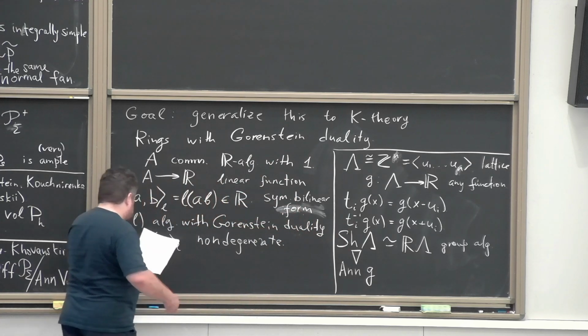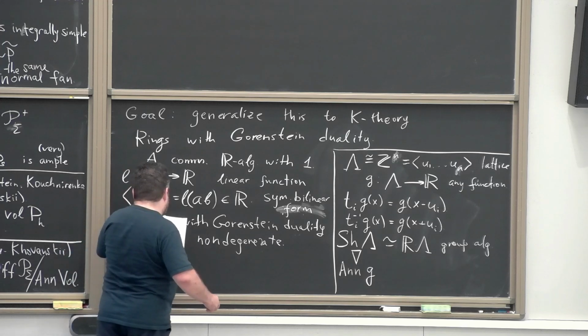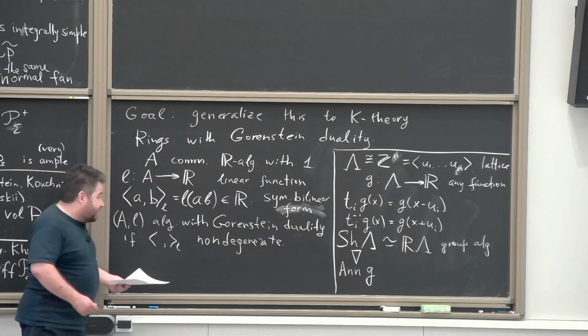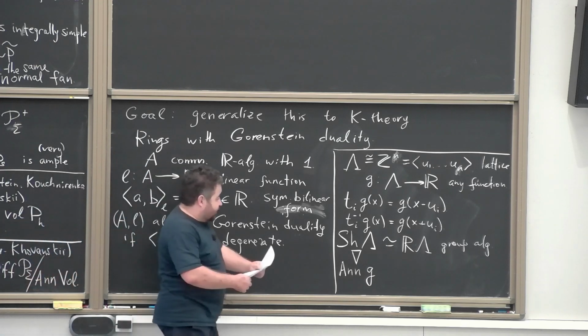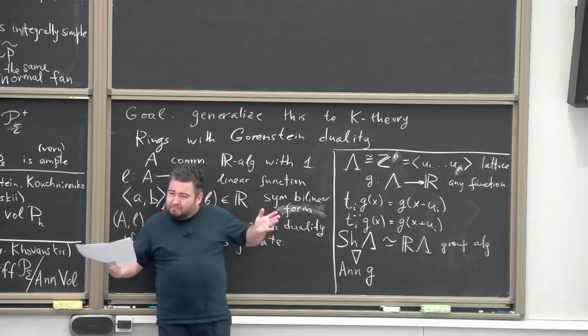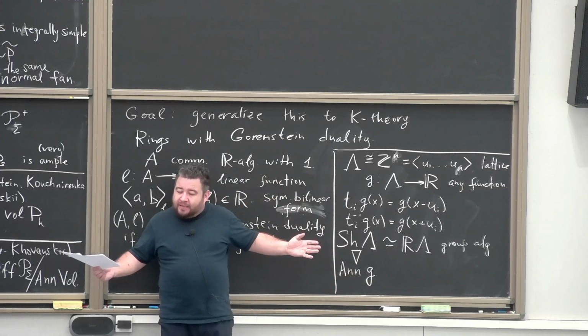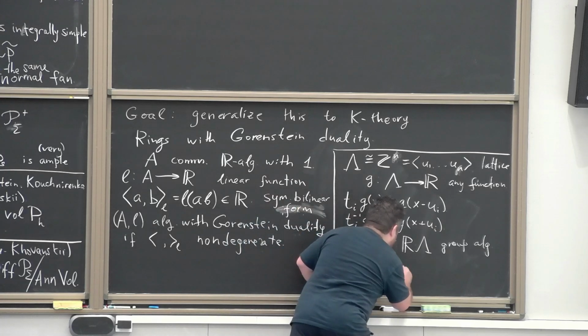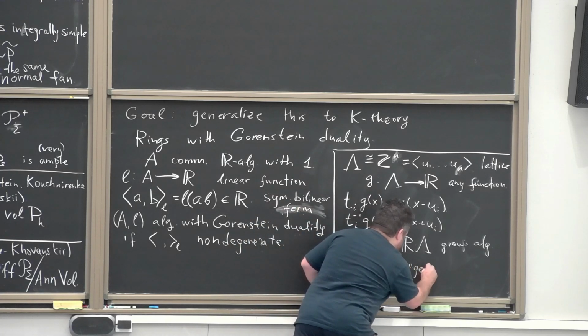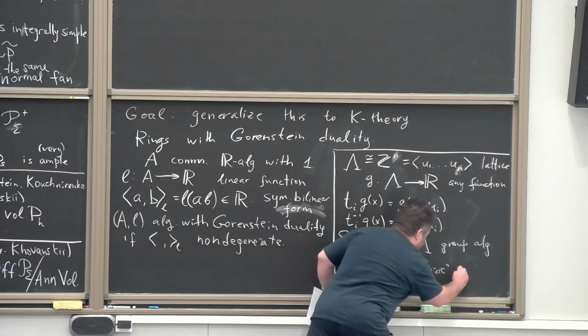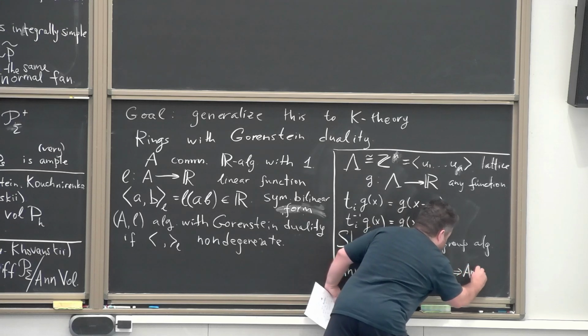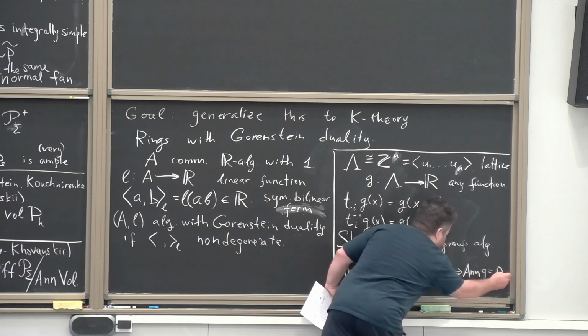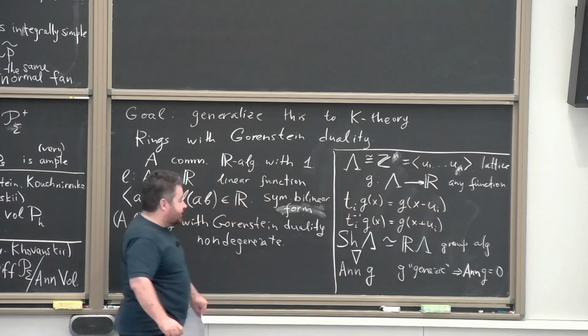So for a generic G, if I take my G at random, most probably my annihilator will be 0. But for interesting G's, it is not.